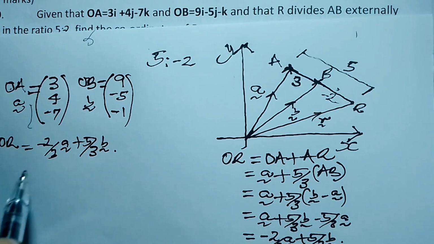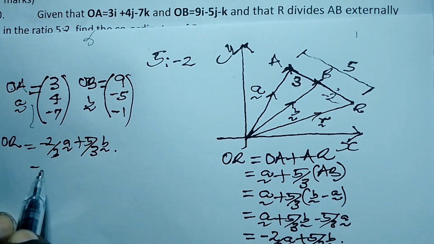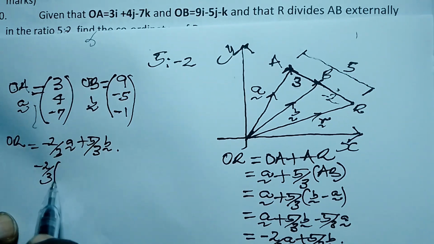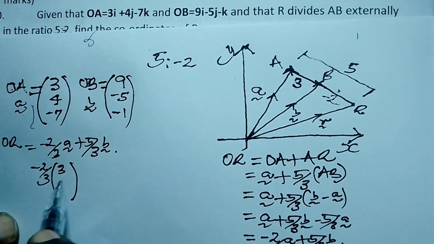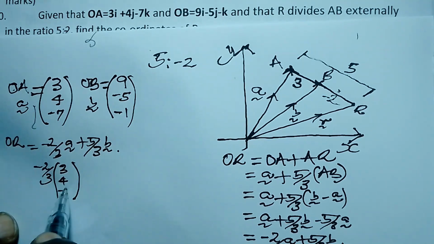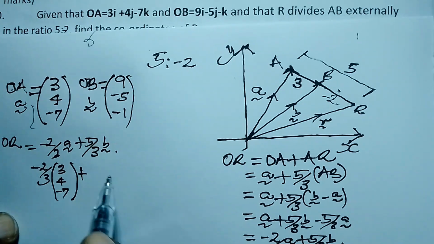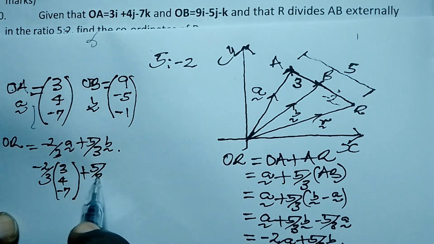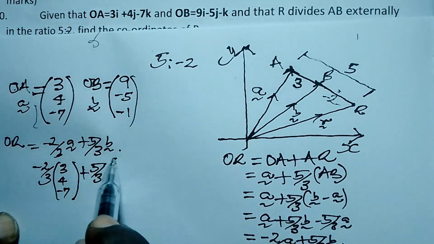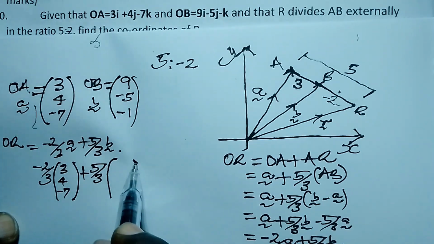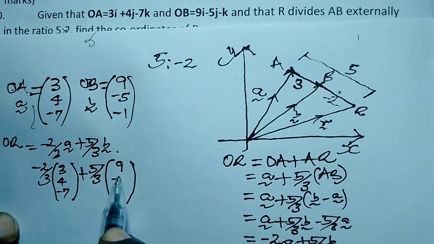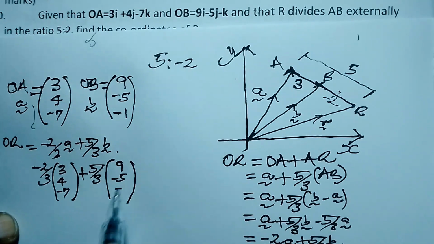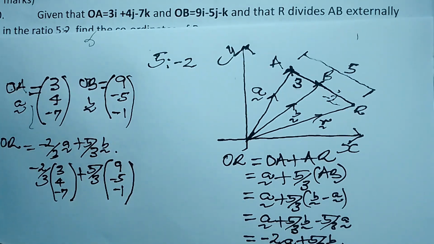We are going to get negative 2 over 3 multiplied by the column vector (3, 4, negative 7) plus 5 over 3 multiplied by the column vector (9, negative 5, negative 1), like that.